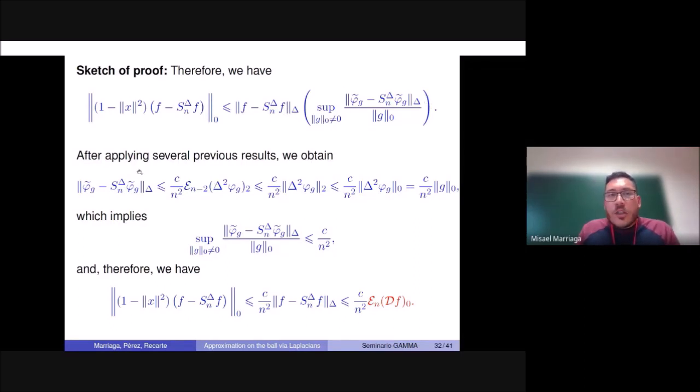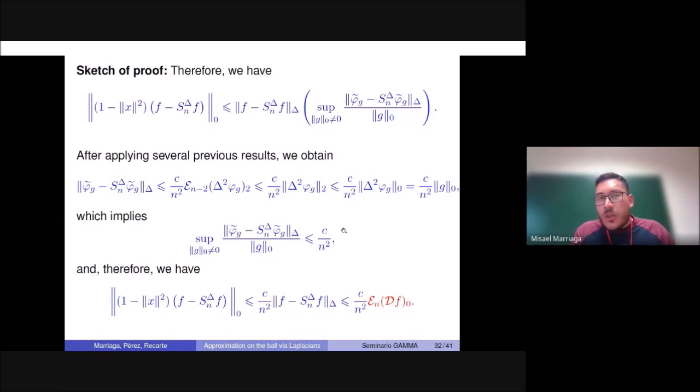All right, I'm not going to go into details. I'm just going to say that after applying several results, like for example the relationship between the Fourier coefficients of the Sobolev basis and the classical basis, the relationship between the norms, etc., I can bound this error by this quantity over here.